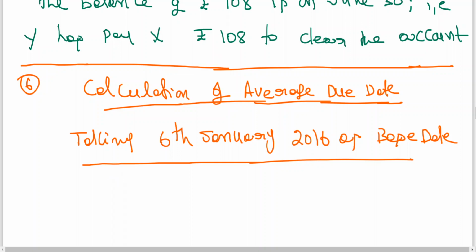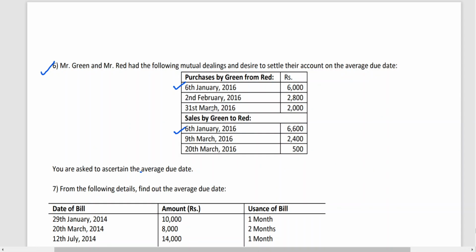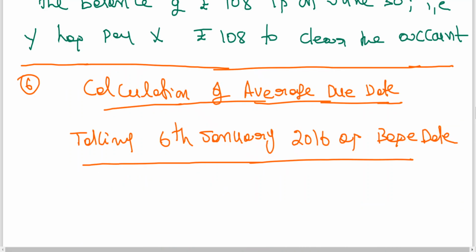Now in the problem he has not given the duration, so we take the transaction date as the due date. In the previous problem a one month duration was given, so here the transaction date is the due date. So first directly the due date.